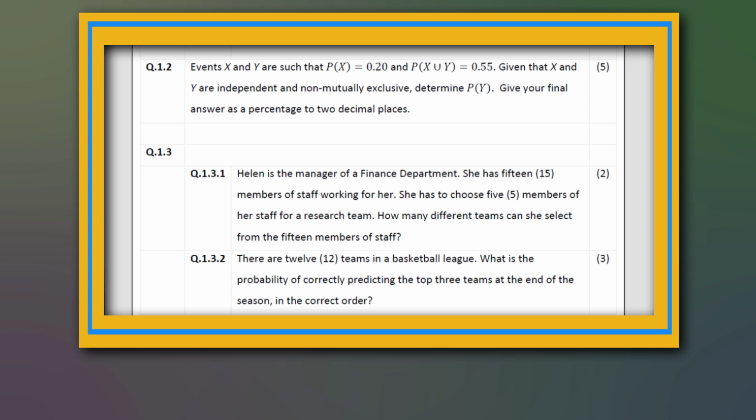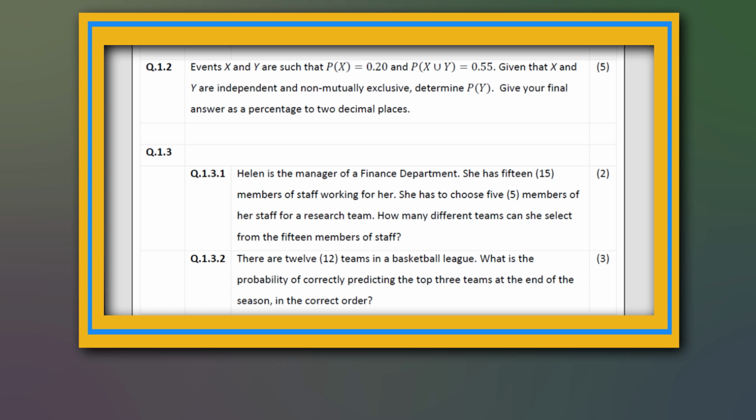The question says events X and Y are such that P(X) equals 0.2, P(X union Y) is 0.55. Given that X and Y are independent and mutually exclusive, determine P(Y). Give your final answer as a percentage to 2 decimal places.